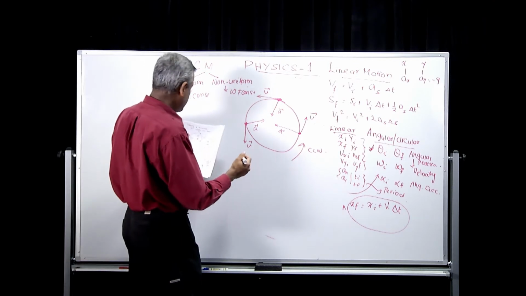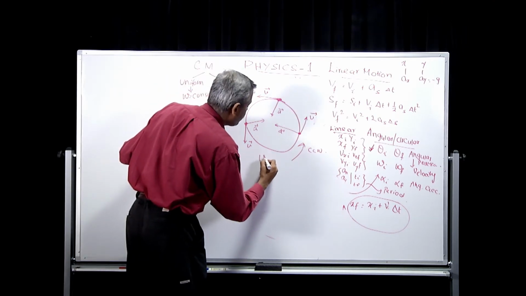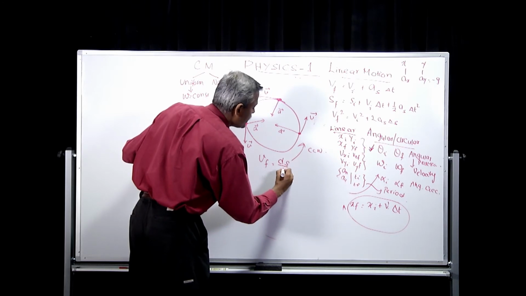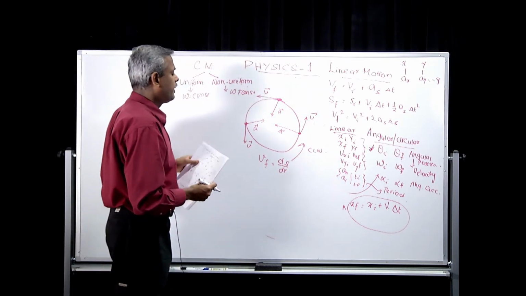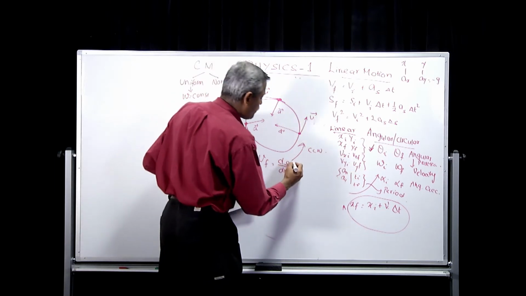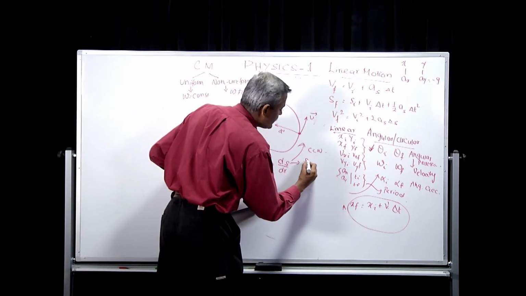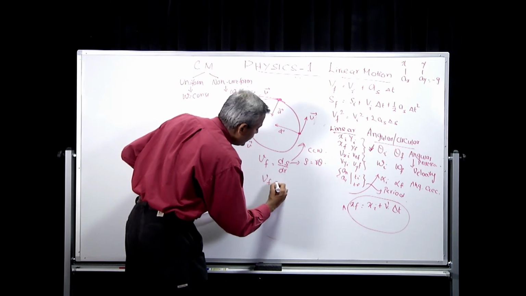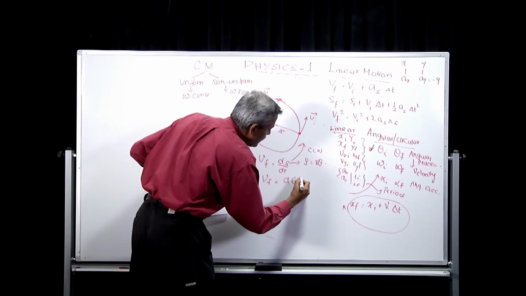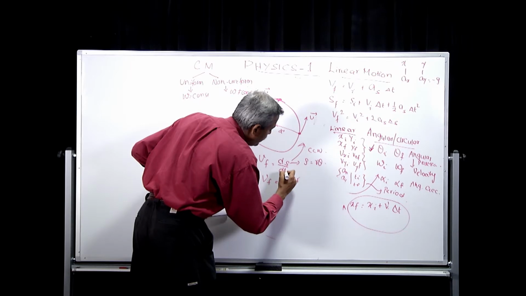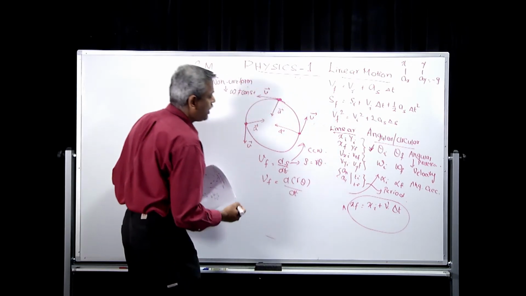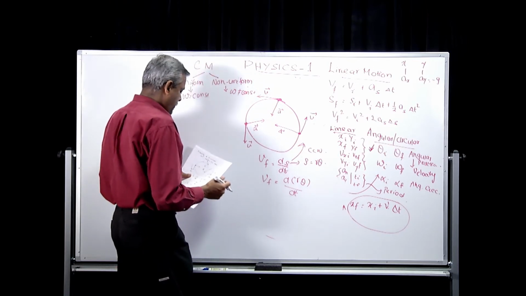So, if the velocity is tangential, I can write my velocity equation in terms of position and r. We know that s is equal to r times theta. I can also write my linear velocity as d(r theta)/dt.